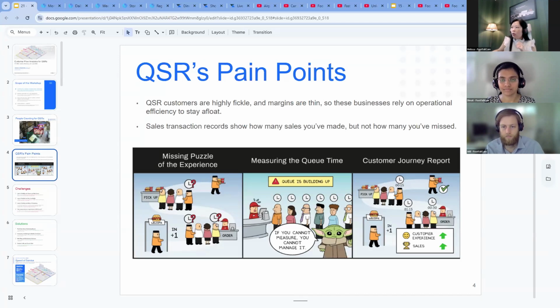Also, sales data, as we say, only shows you the outcome. What about the missed opportunity? So you want to focus on this. If you cannot measure, you cannot manage it. If you're not measuring a queue, then the owners cannot see when and why customers walk away, how long they have been waiting before they leave, and whether customer frustration was building up silently.